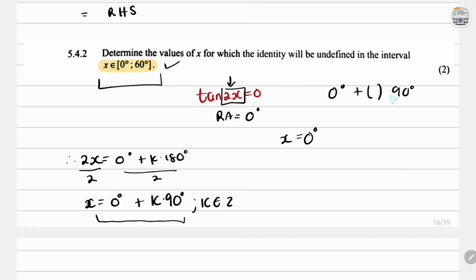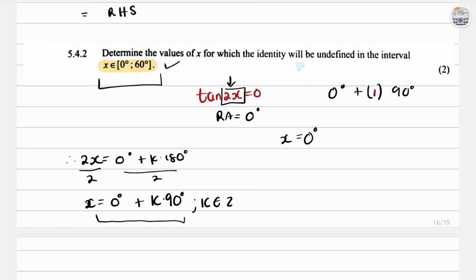It's just going to be either too big or too small. If you try -1, -1 times 90 is -90, and 0 plus -90 is still -90. That is way beyond the interval, too small. And if you tried +1, that's +90, and 0 plus 90 is 90. That's also above. So in this case, that's all that works if you make tan equal to 0.